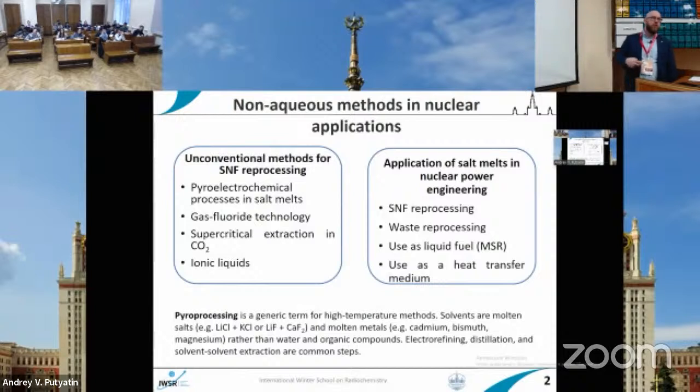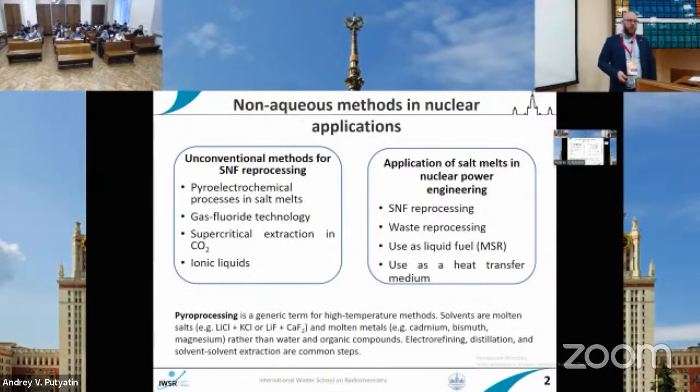On Tuesday, there will be a lecture about the molten salt reactor, so you will see how it works and what is the basis for that. Or molten salts can be used as a heat carrier or heat transfer medium in the reactor.